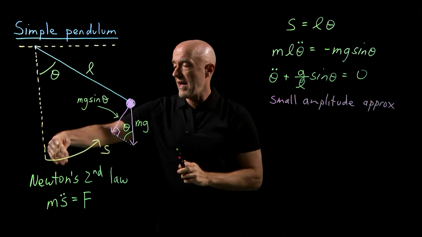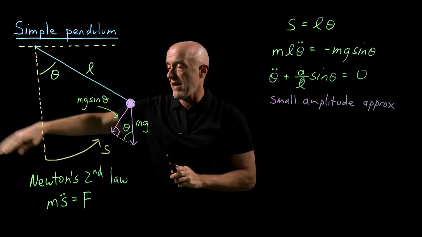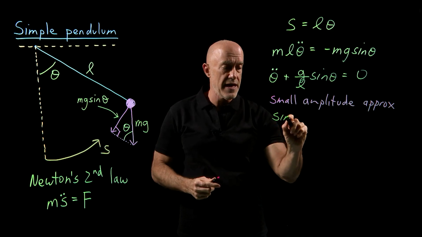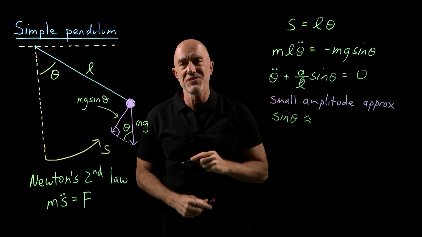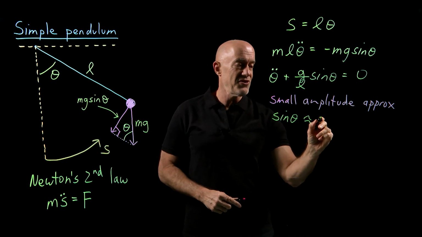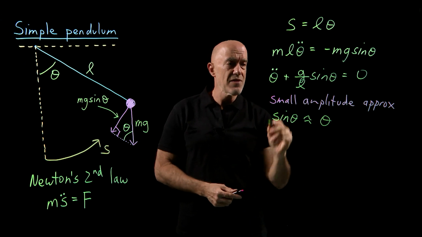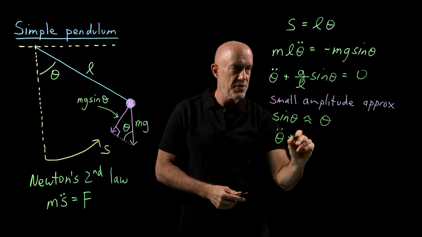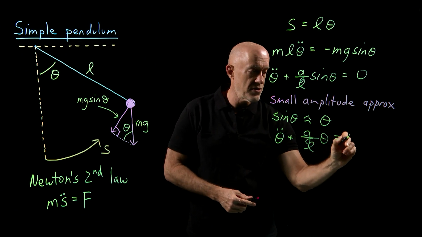So we assume that this pendulum is just oscillating with small amplitude down at the bottom. We can write sine theta then as approximately the first term in the Taylor series, which everybody should know is just theta. So then we get the differential equation theta double dot plus g over L theta equals 0.